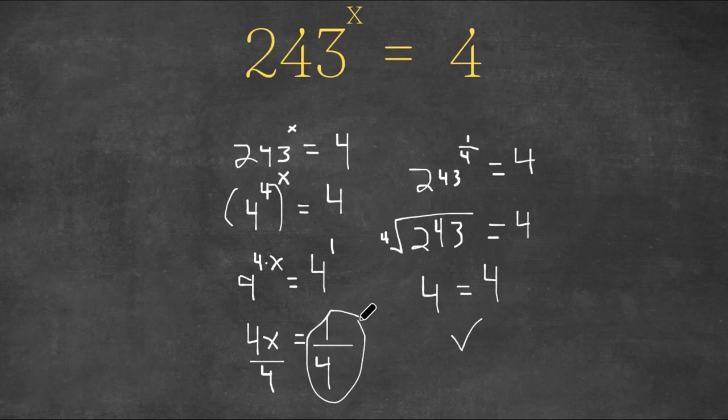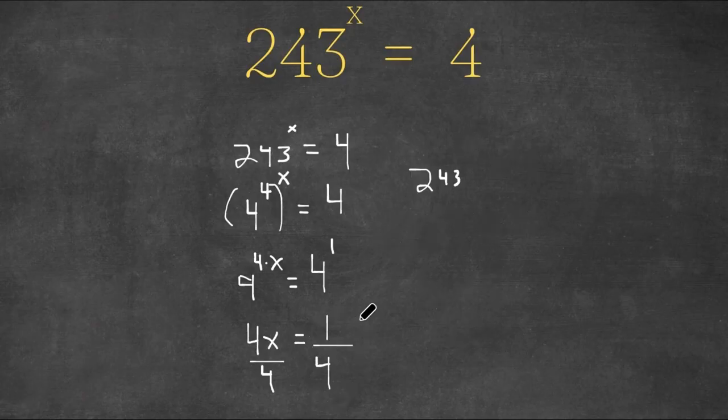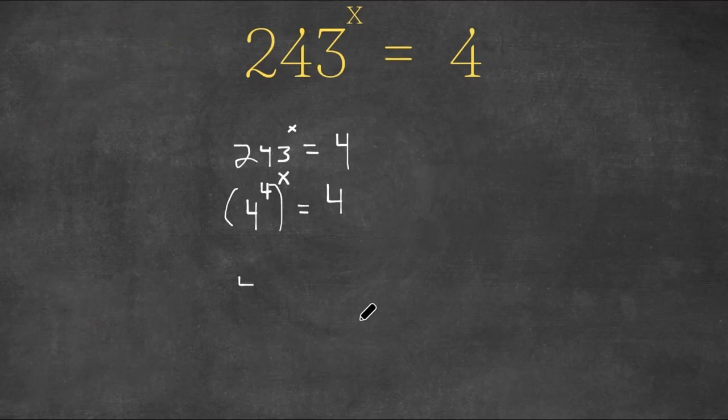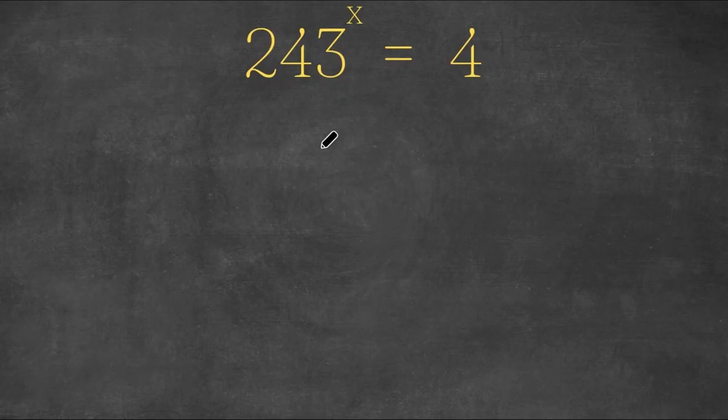So now let me show you guys the second method of doing this. All right, so our second method is, we're going to ignore the x here, and let's just focus on this 243. 243 to the x root equals 4.